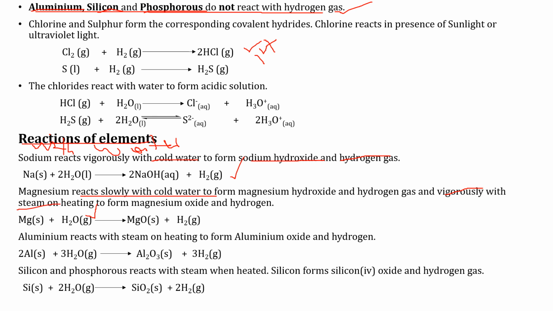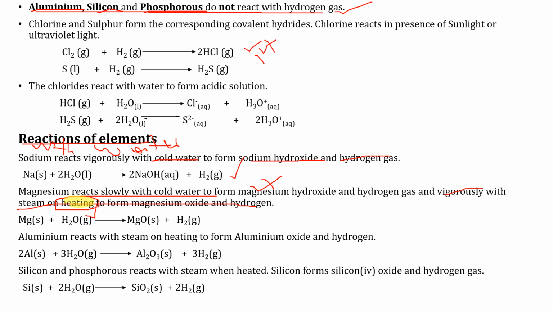And this is the only equation that we need. But if you feel like you may be awarded an additional mark for writing this statement, you may get half a mark. But the major equation which is required is you telling us that magnesium reacts vigorously with steam on heating. I told you conditions are key in chemistry, so don't forget to write conditions.